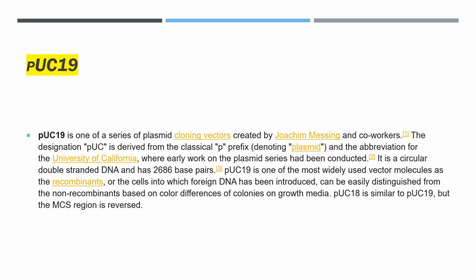It has 2686 base pairs of DNA. The pUC vector is such that recombinant molecules, into which foreign DNA has been introduced, can be easily identified among the recombinant plasmids.